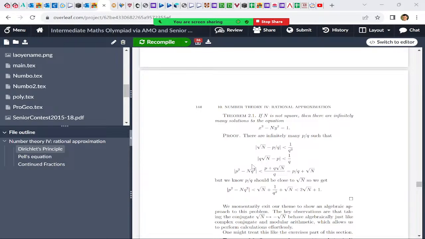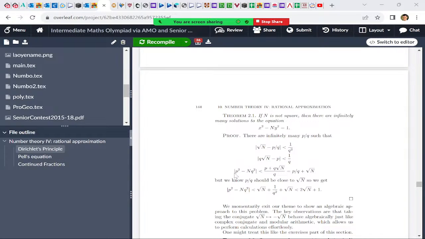Then we multiply both sides by p plus q root n. Remember this? You multiply both sides by p plus q root n.